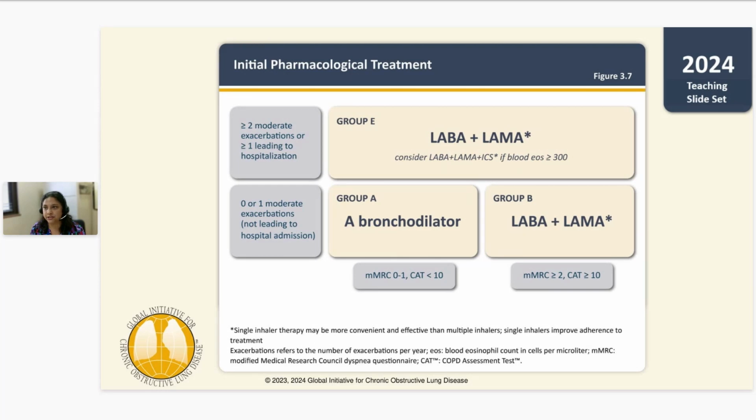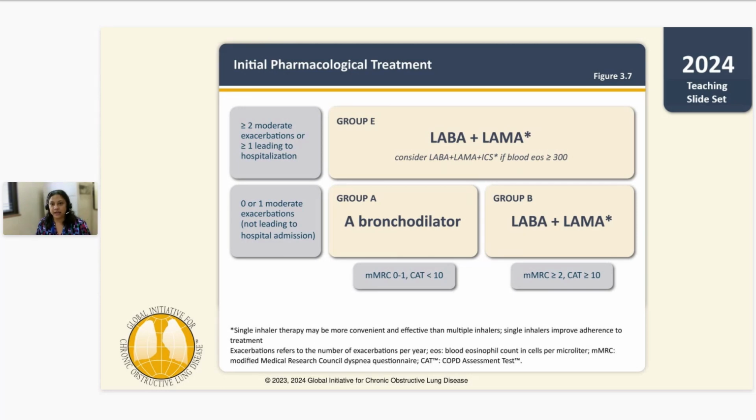And then in patients who either have frequent exacerbations or hospitalization, or have severe symptoms, or have both, they're definitely going to need at least the combination of the long-acting beta agonist and the long-acting muscarinic antagonist. And this is when you would consider adding on the inhaled corticosteroid.